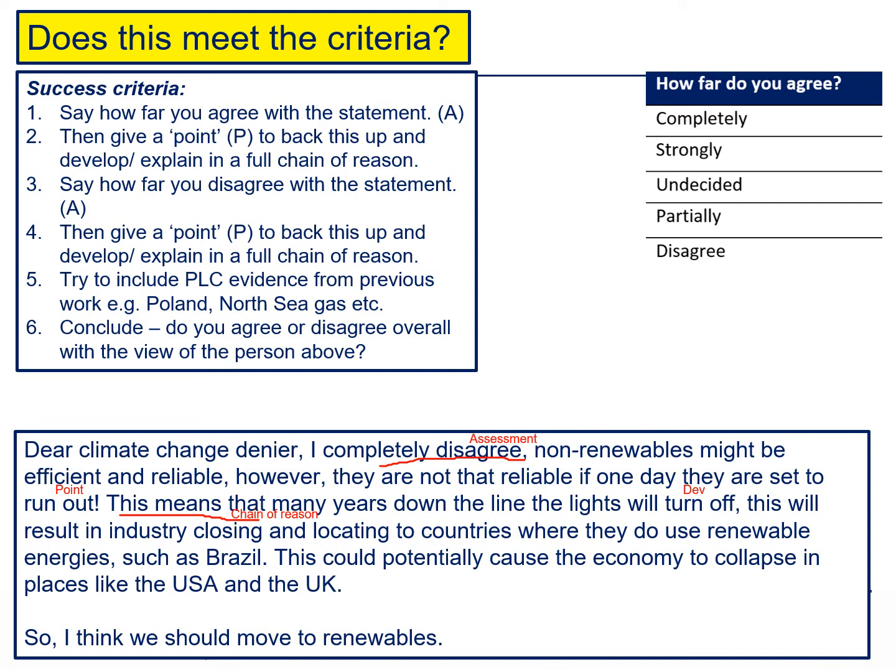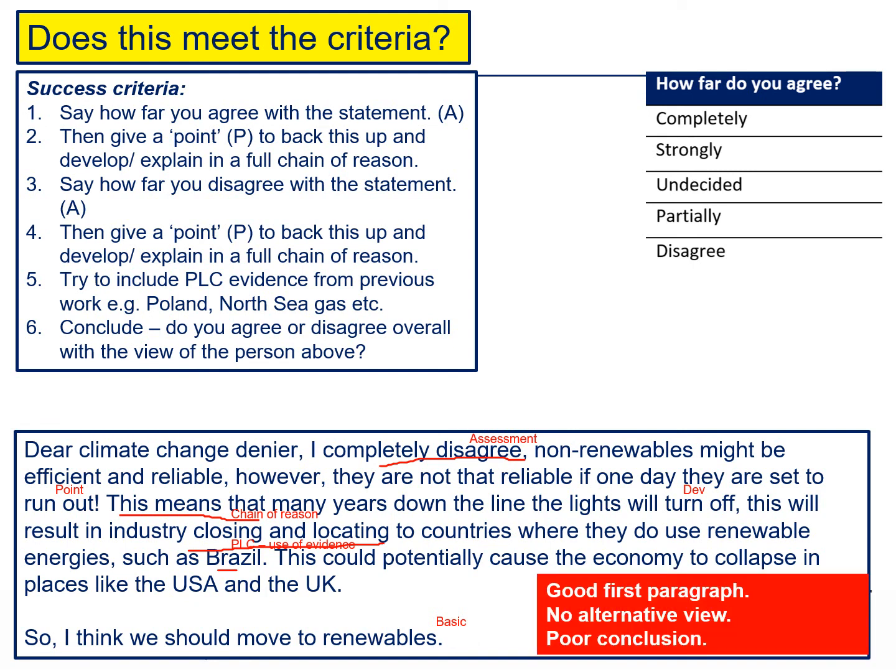This means that. This will result in industry closing and locating. That's a good link. And they've used PLCs such as Brazil. But down there, that sentence there is too basic. So overall, the first paragraph is good. They don't have an other alternative view, an on the other hand view, and they don't have a conclusion.